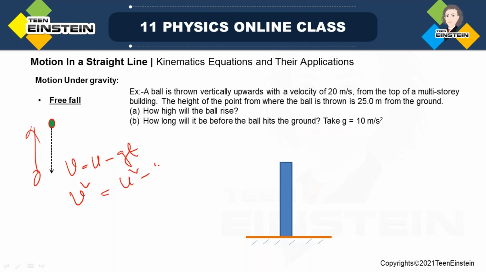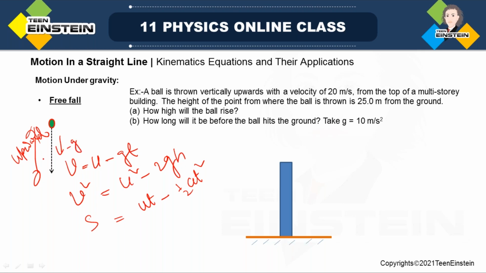V square can be written as u square minus 2gh, and displacement is given by s, which we can write as ut minus half g t square. If the object is moving upward, my sign of gravity will be minus.